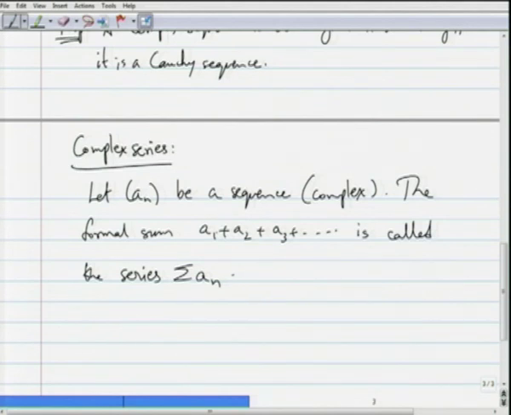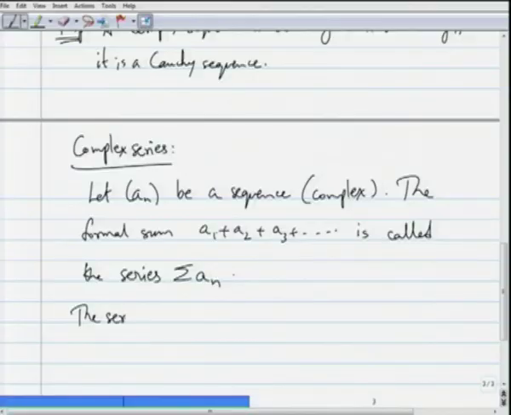This is very similar, once again, to a real series, and for series we have the notion of convergence.